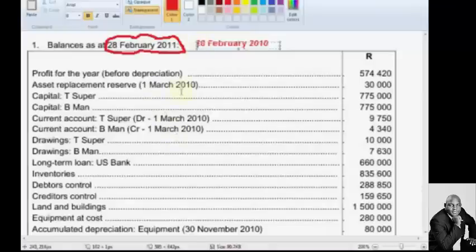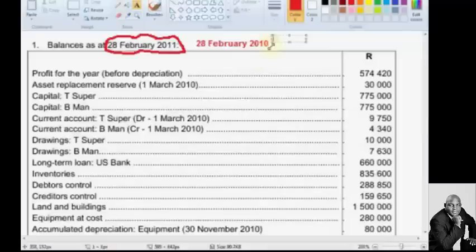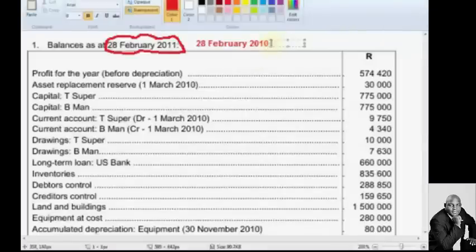Makes sense? As you can see, they do put dates on the trial balances to show you, or this could also mean the 1st of March 2010. So that's what we're interested in.